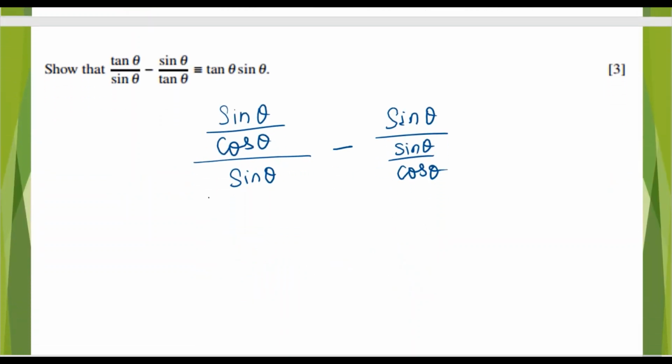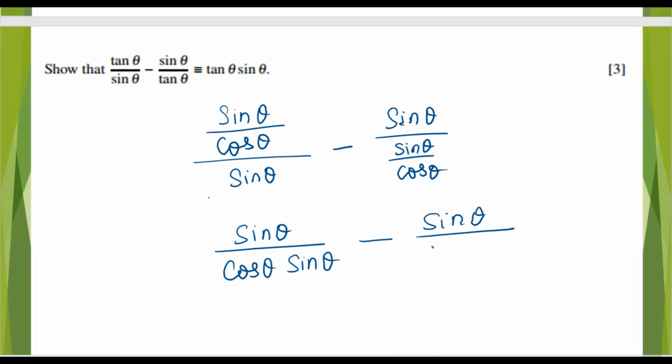This can be written as sine theta divided by cos theta sine theta, minus sine theta divided by sine theta cos theta.